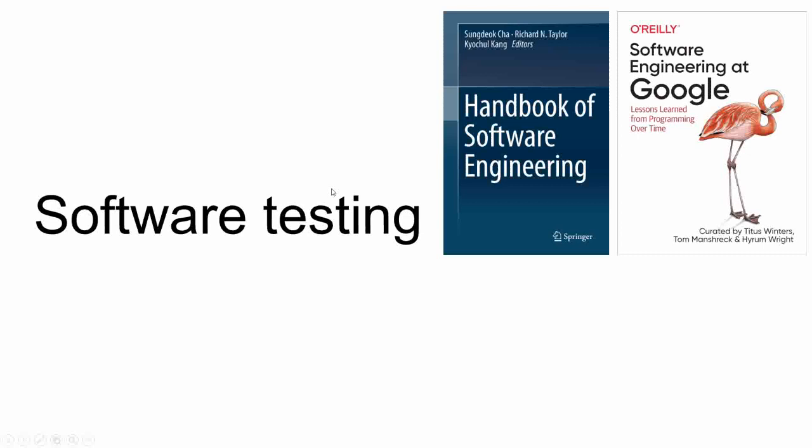Now I want to give you an overview over software testing, whereby I focus on the following two books: the Handbook of Software Engineering and Software Engineering at Google, and multiple articles which I will reference on the single slides.